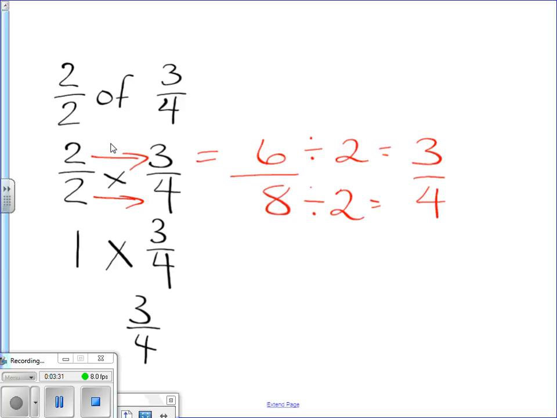Because if my fraction is equal to 1, you get the same thing. Sometimes my fractions get smaller, but sometimes they stay the same. In this case, it stayed the same. So this relates to what we're doing today.